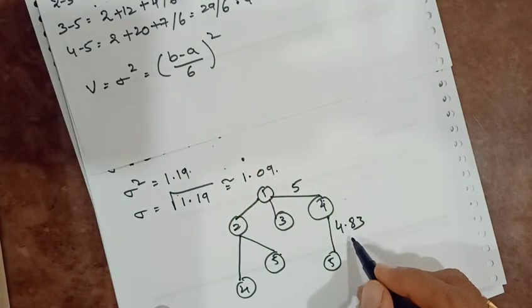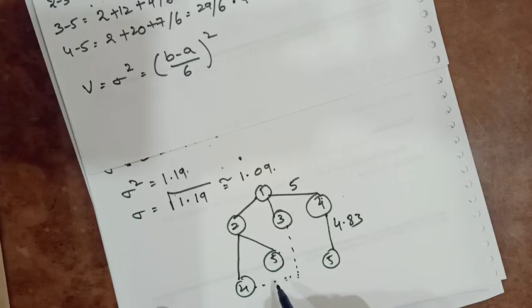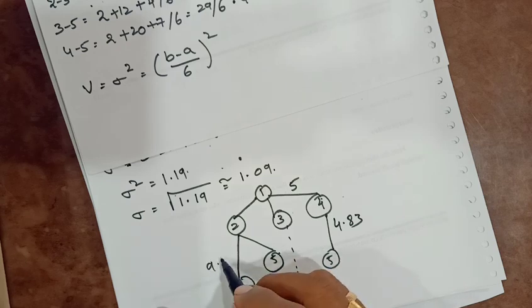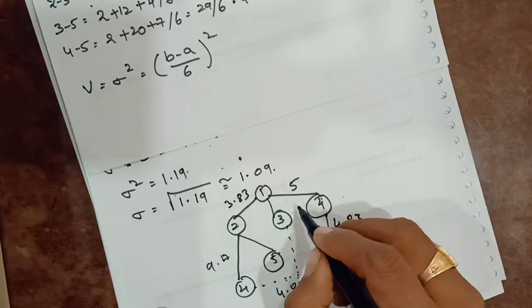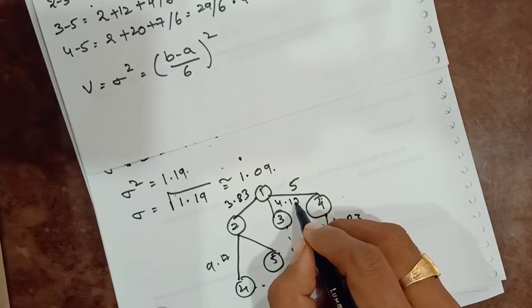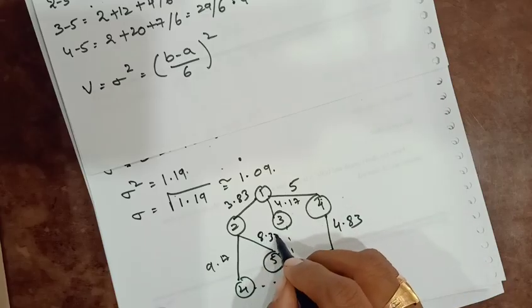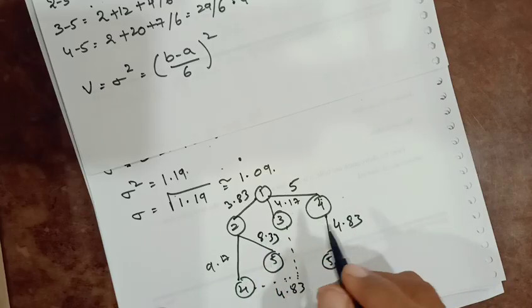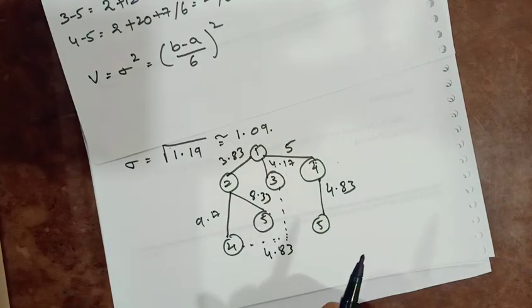In the same way, 3 to 4, so we can connect this with a dotted line. Between 3 and 4 it is 4.83, and 2 to 4 it is 9.17, 1 to 2 is 3.83, this one is 4.17 and this one 8.33. So this is how we draw the network diagram, right? Thank you.